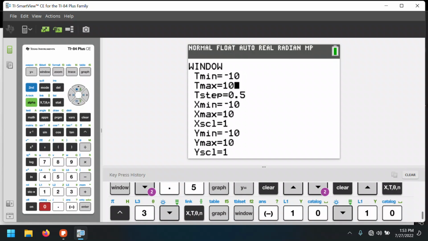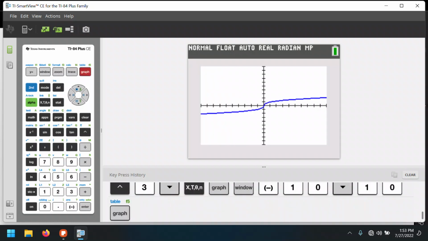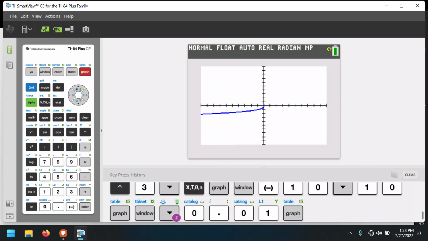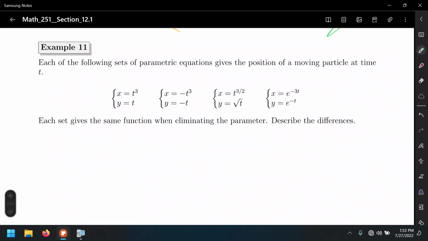These ones are no longer trigonometric, so no need 0 to pi or anything like that. So let's graph. And it was too fast, I needed a little slower. Window maybe 0.01. Okay. Okay, so hopefully you didn't blink. Hopefully you noticed that it went from left to right. All right? Okay, let's draw the graph, indicating that with arrows.